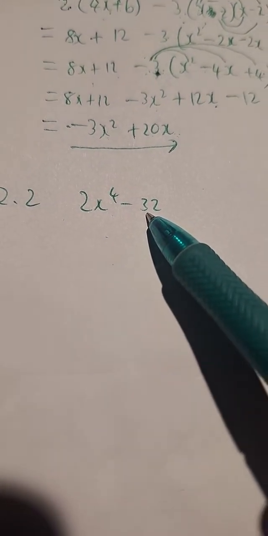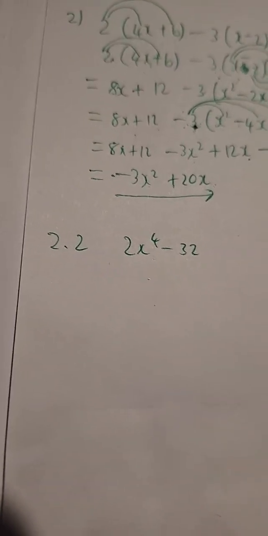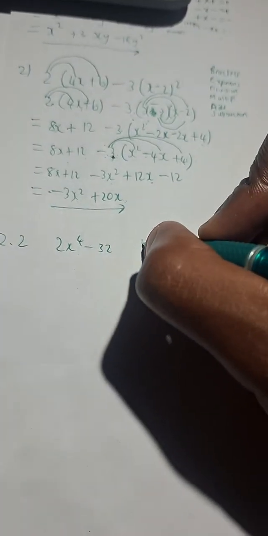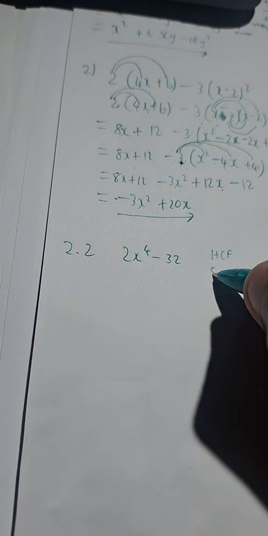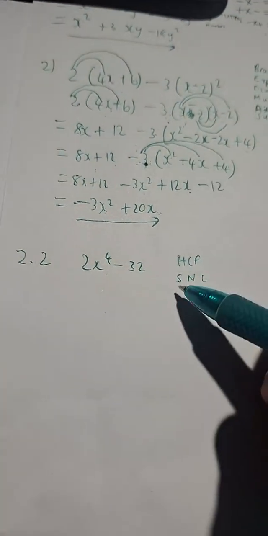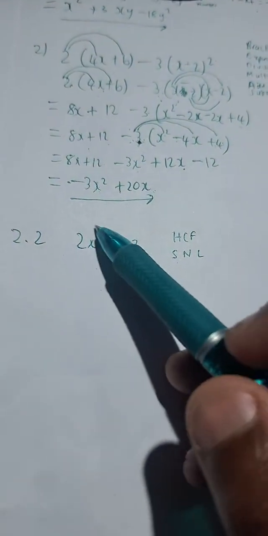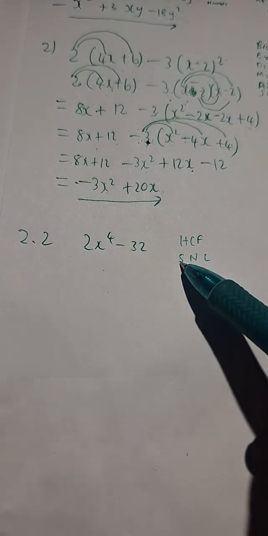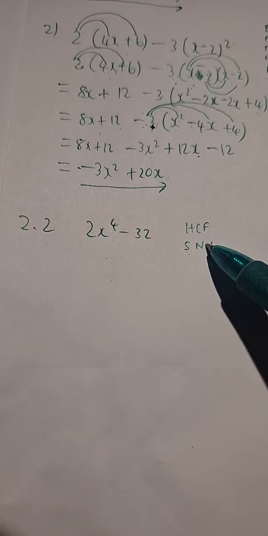Number 2, is there a highest common factor? That is the second question. That's very important. And when we take it out, we must take it out according to the sign. Whatever the sign of the first term is, that becomes our highest common factor sign. We take it out according to the number.